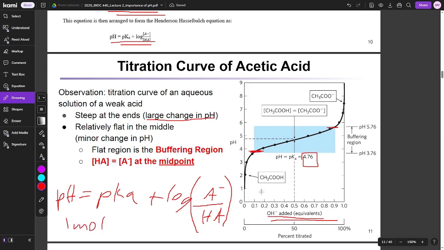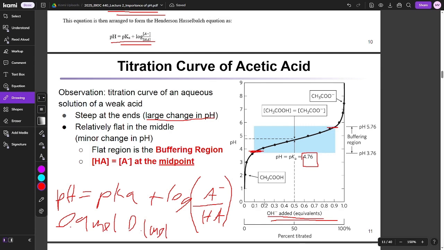If we add 0.1 moles of hydroxide, you would deprotonate 0.1 moles of this acid, and you'd now have 0.9 moles of the acid and 0.1 moles of the conjugate base, because we just added 0.1 hydroxide.